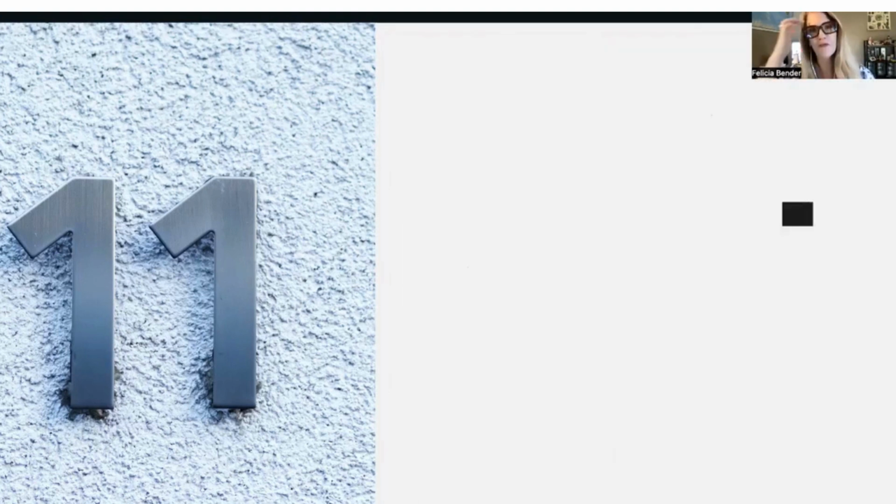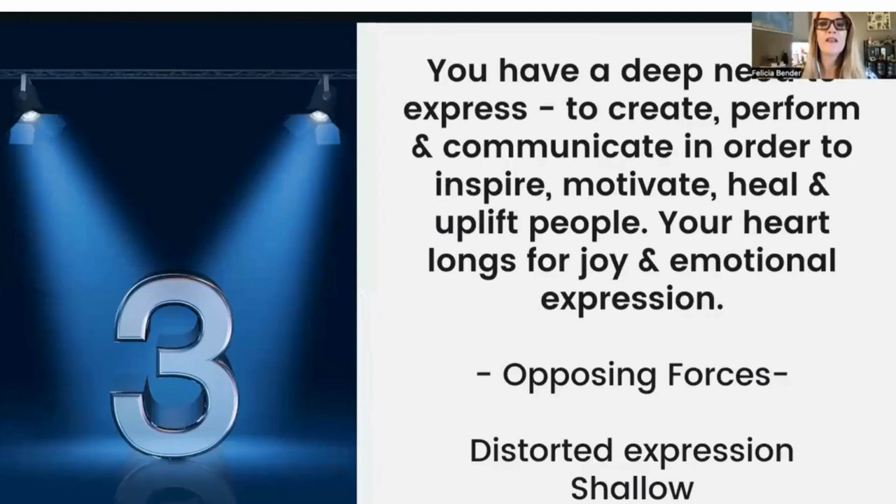All right, let's move over to that 3. The 3 soul urge. The 3 soul urge is a very deep need to express, to create, to perform, to communicate in order to inspire, motivate, heal, and uplift other people. And you're doing that for yourself in the process.